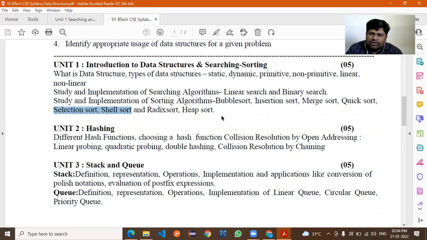So is there any doubt up to this? Any queries? Did all of you understand all these algorithm concepts we discussed up till now: bubble sort, insertion sort, merge sort, selection sort and shell sort? If you have understood all these 5 algorithms, you can write yes in the chat box.